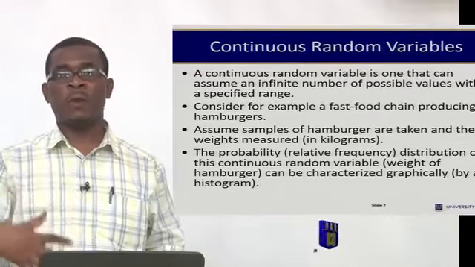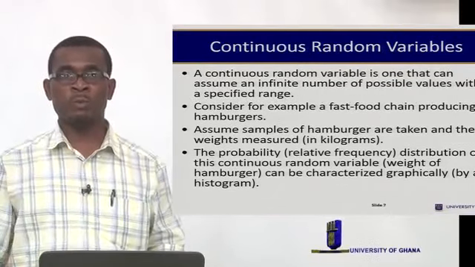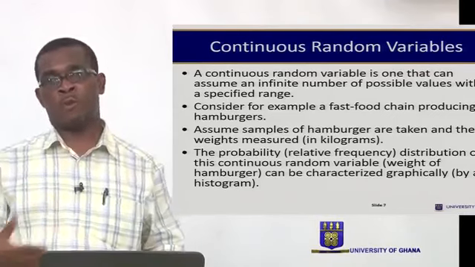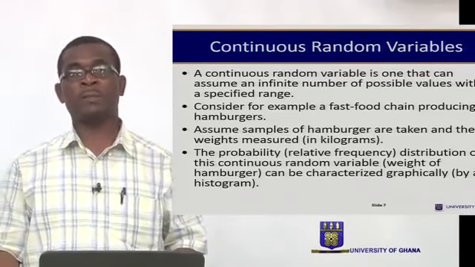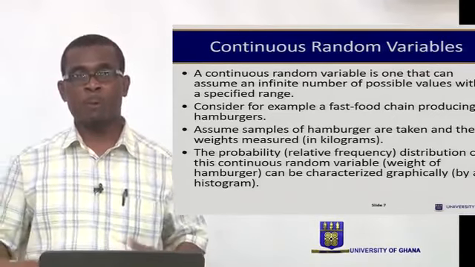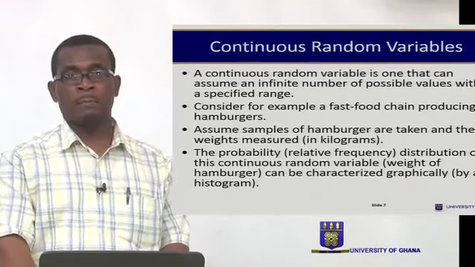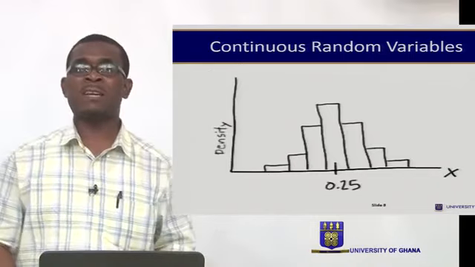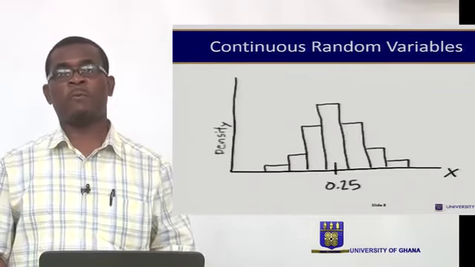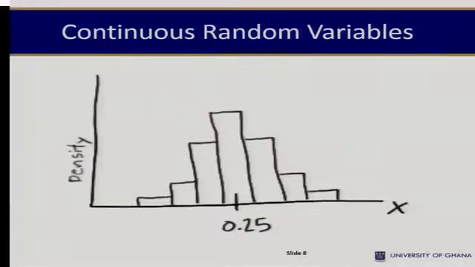And it is possible for us to put this in a frequency distribution and then end up drawing the histogram associated with that. So let's say that we collected data and then did a frequency distribution and then graphed it in the form of a histogram. Now you can see we have data on the weights of hamburgers, and then we constructed a frequency distribution which we have put in the form of a histogram.